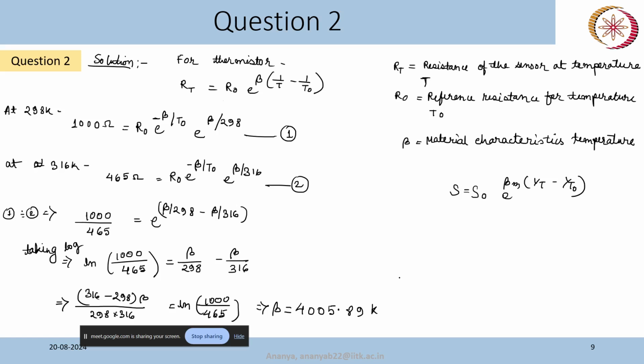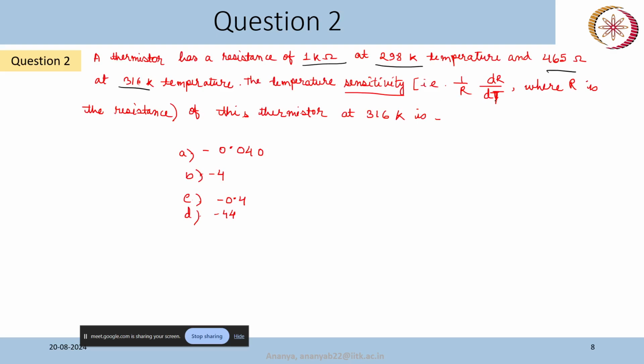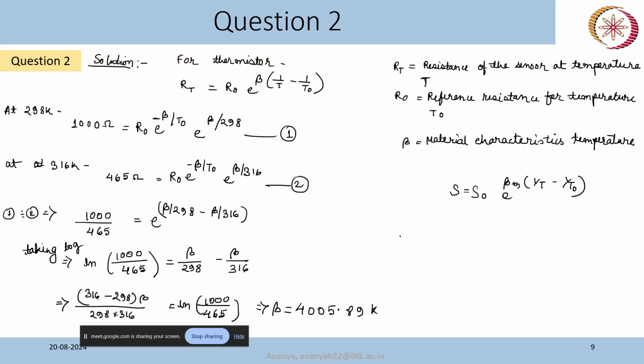Now we get beta, the unknown parameter. Now we can calculate 1 by R dr by dt. So that is what we need to calculate, 1 by R dr by dt. Let's calculate that. 1 by R dr by dt is 1 by R0.